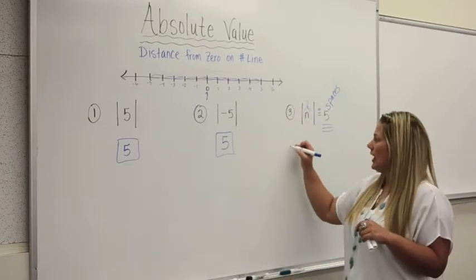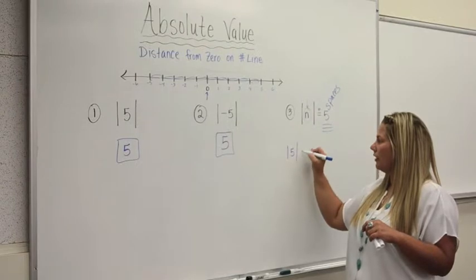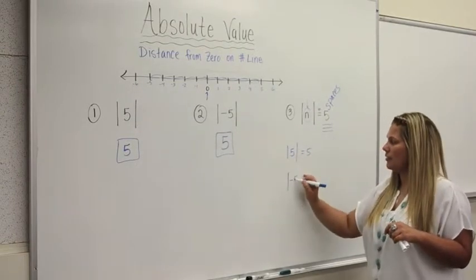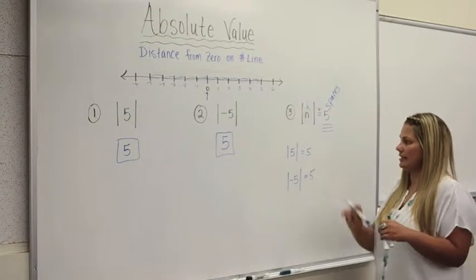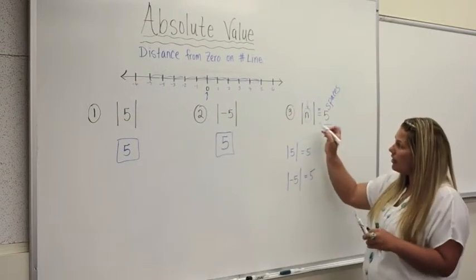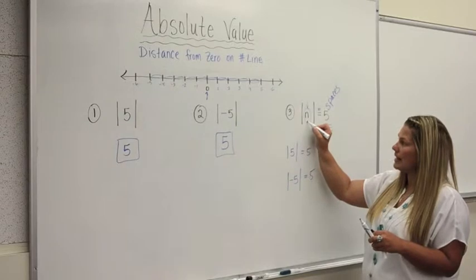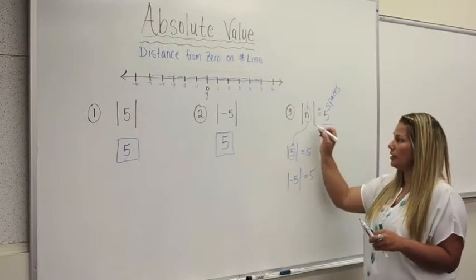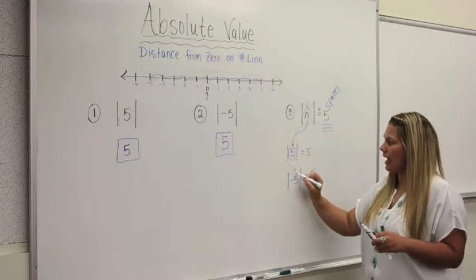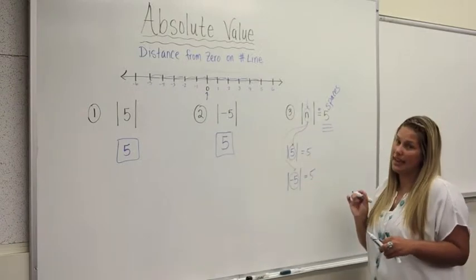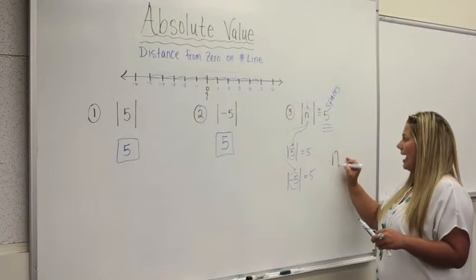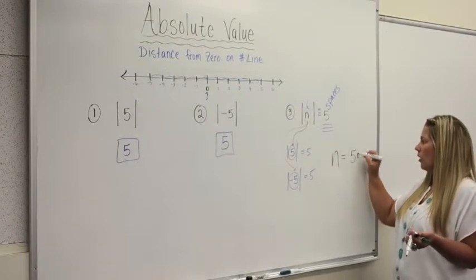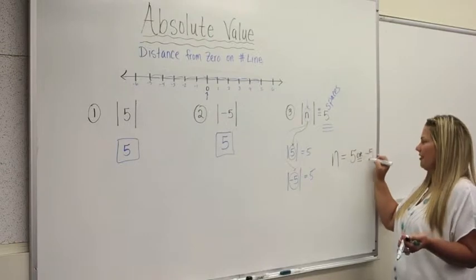The absolute value of 5 is 5, and the absolute value of -5 is 5. But all they're asking for is, what is that number inside? So we had a 5 inside the absolute value bars, and we had a -5 inside the absolute value bars. So n can actually equal +5 or -5.